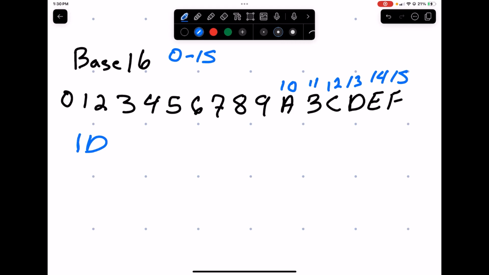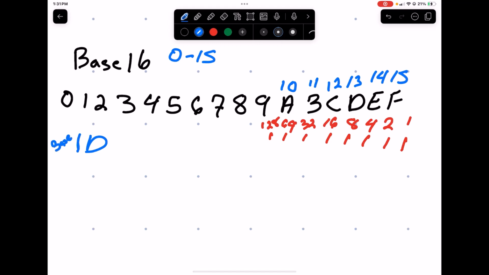So again, let's get our number line going. So we got 1, 2, 4, 8, 16, 32, 64, 128. All right. I'm going to put a little base 16 so we know what this is.